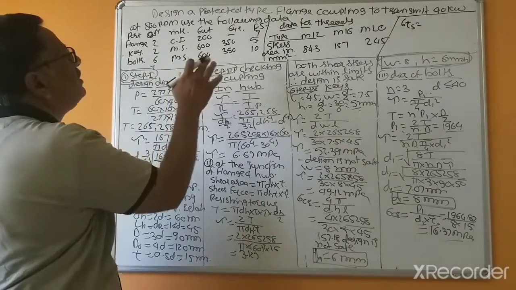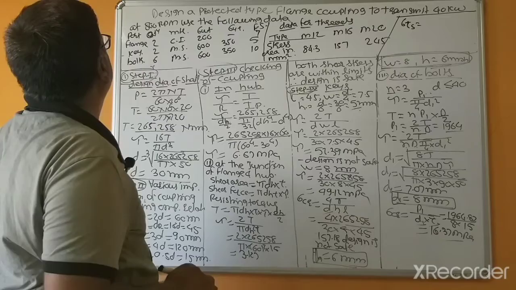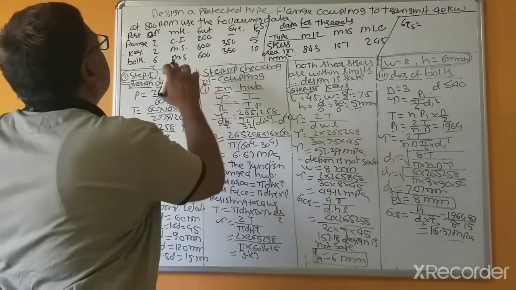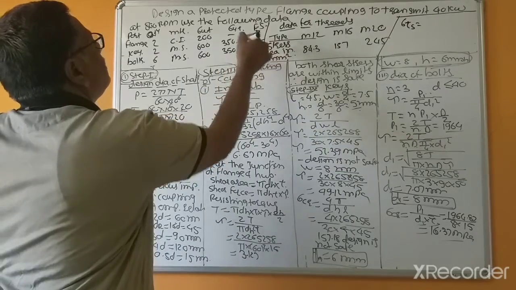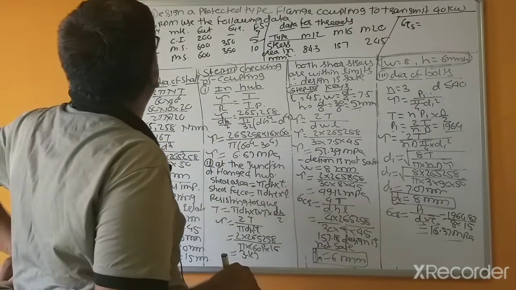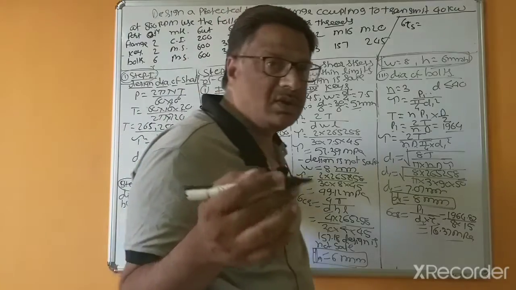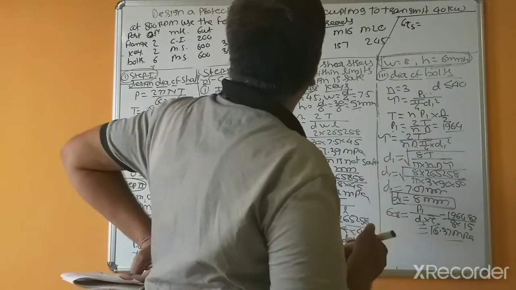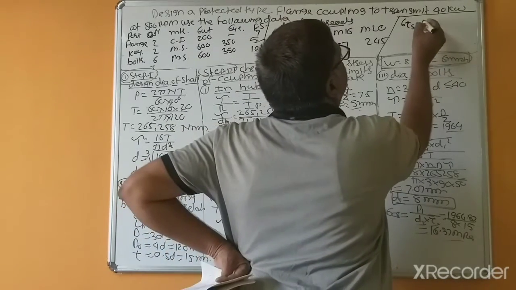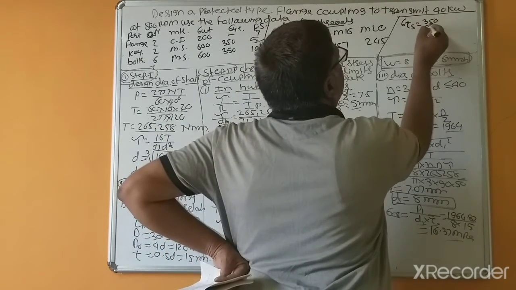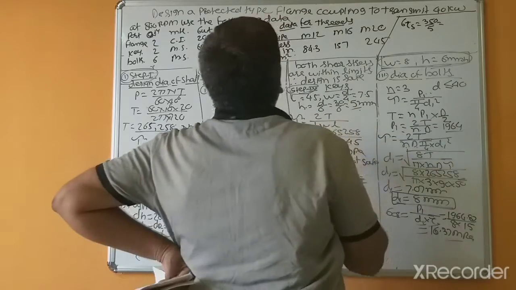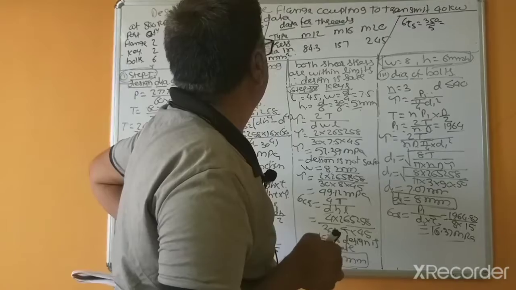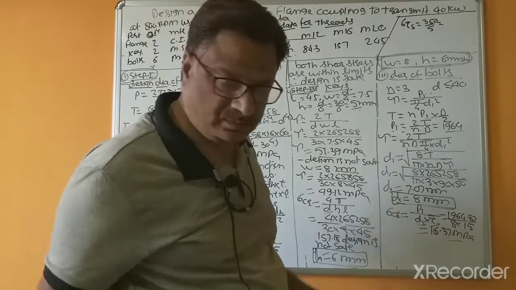Because for bolts this is given the same, for the shaft we also require it. So we will consider this for keys, because bolts may be manufactured from mild steel, plain carbon steel. That's why 350 divided by 5. We can choose this material for the shaft: 350 divided by 5.